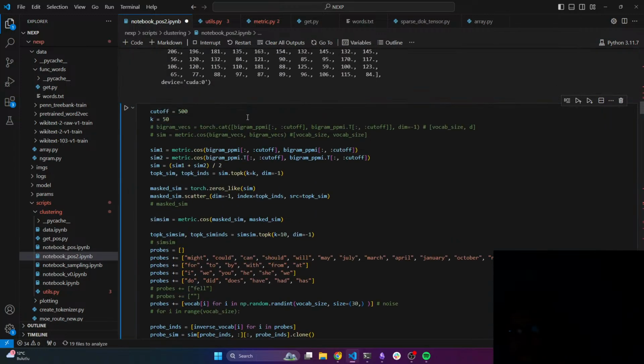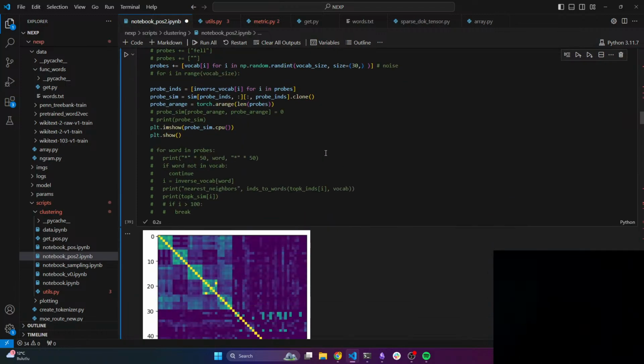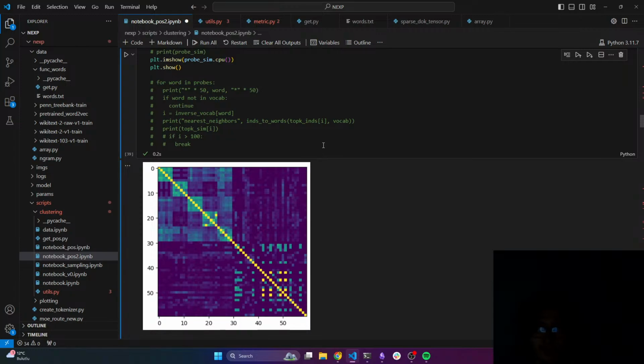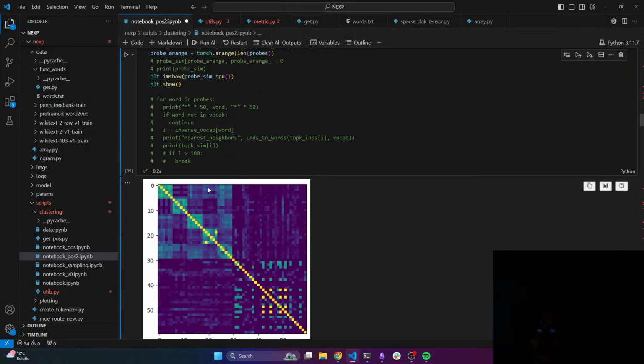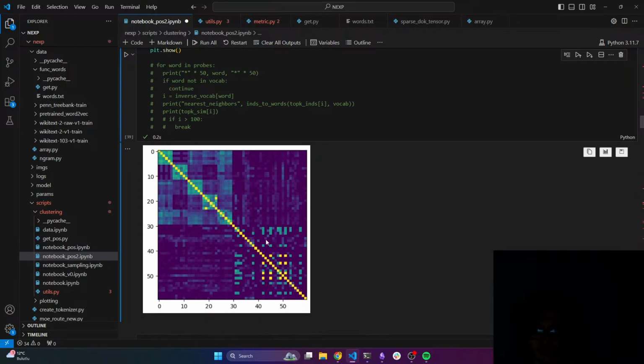If we use a smaller fraction, it's still the same. But interestingly, we suddenly have these highly similar or quite similar words. And these are the reason why they are 1, right?